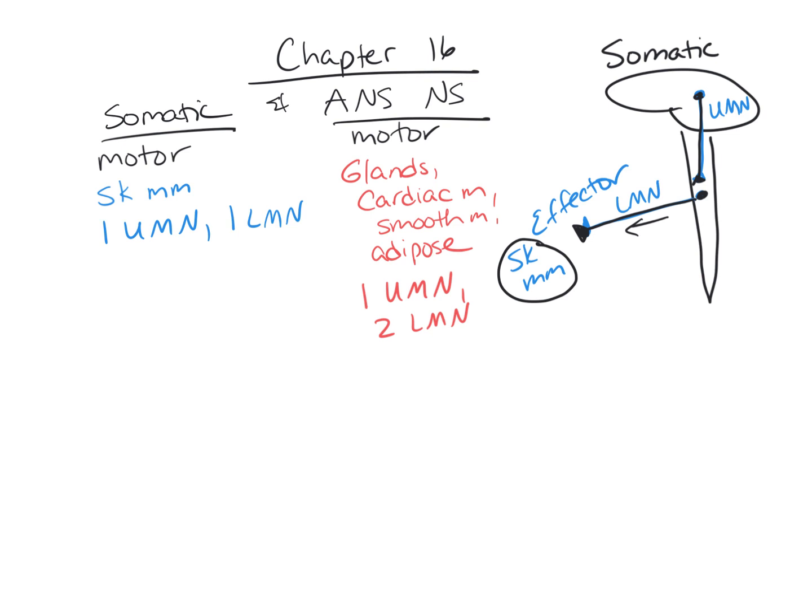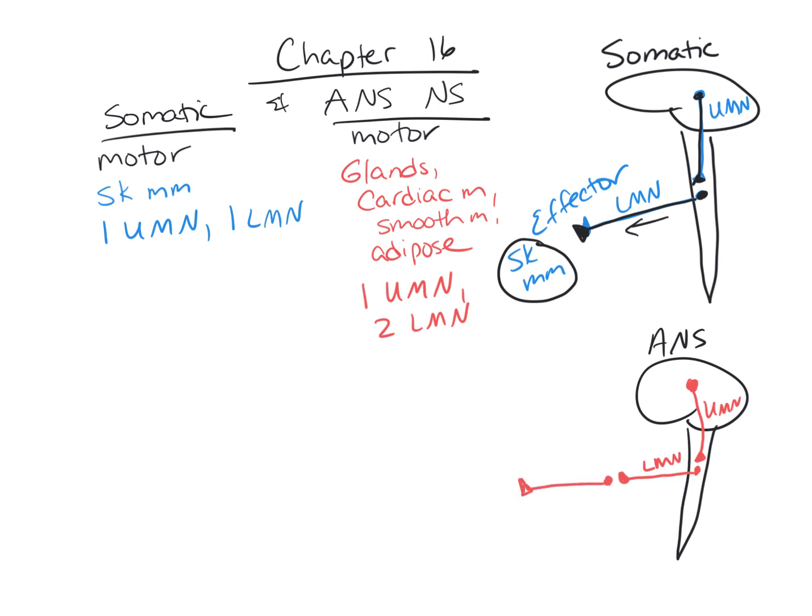Now if we look at the autonomic nervous system, there's the brain, there's the spinal cord, here is the upper motor neuron, and it synapses onto a lower motor neuron, but this lower motor neuron will synapse onto another lower motor neuron.